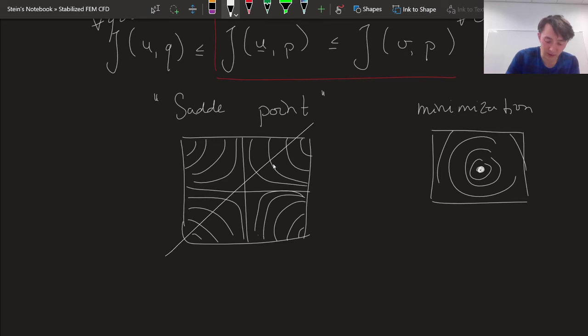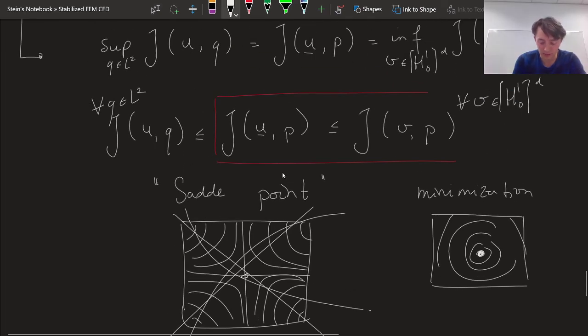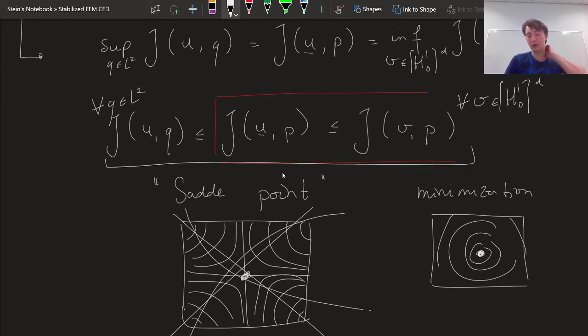On one of the diagonals you get a solution field that looks like that, and on the other diagonal you get a solution that looks like that, and that's why this is called a saddle point problem. The point here is characterized by this statement.